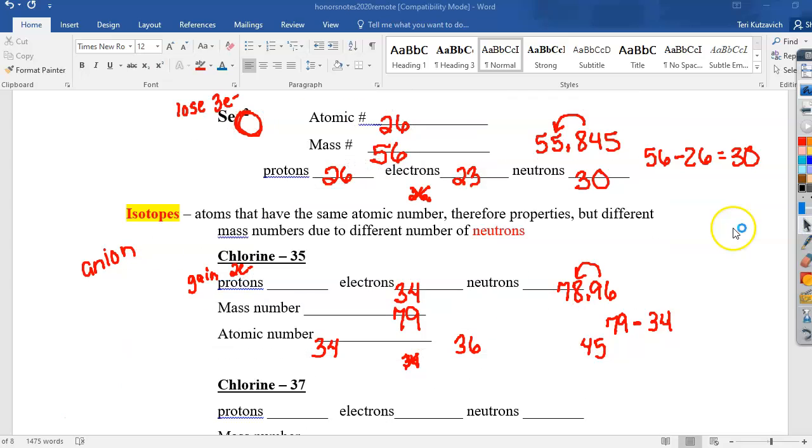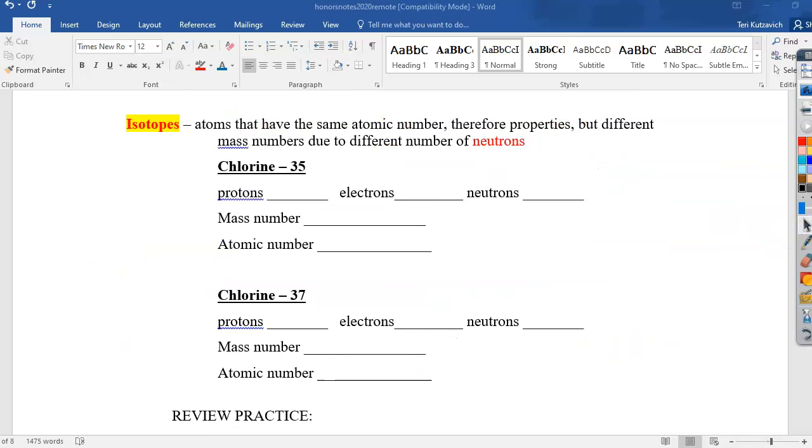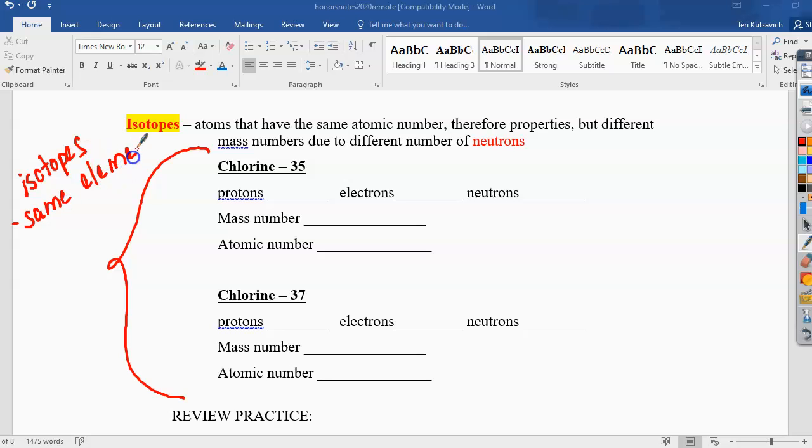Let's go on to our next one. These chlorines, these are what we call isotopes. Isotopes are the same element, different mass number.